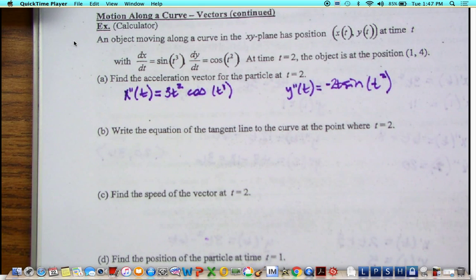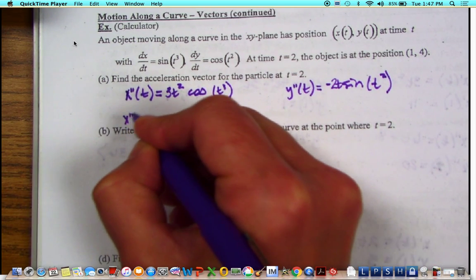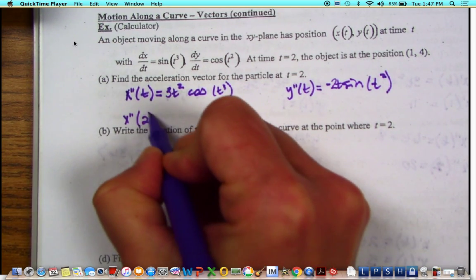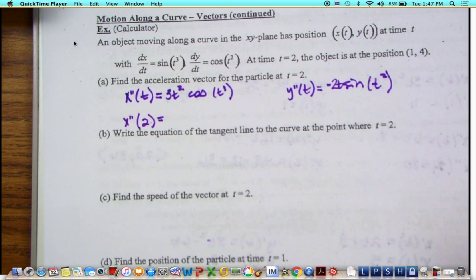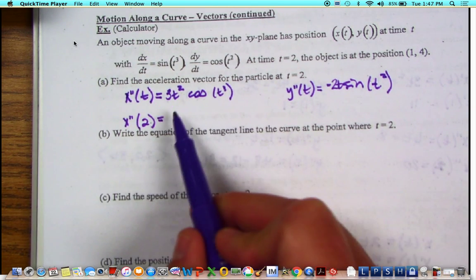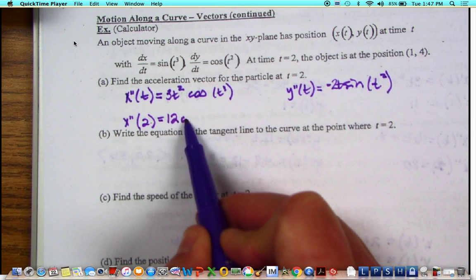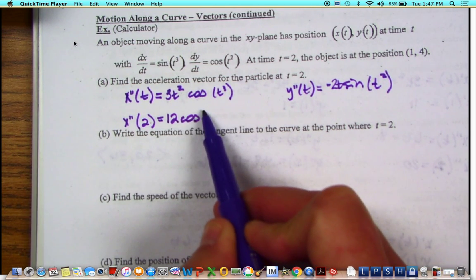And notice they told you when they wanted the acceleration vector. So what do you have to do now? I have to plug in 2, right? So you're going to get 12 cosine 8.